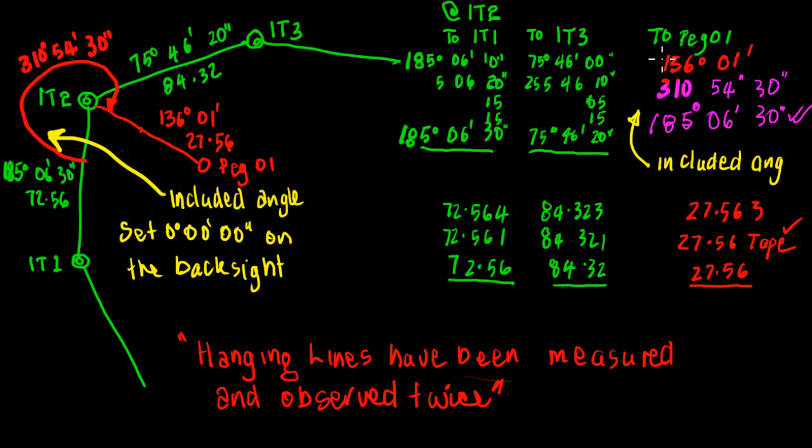What we can do is add 360 onto here, which makes no difference at all. But what I do is I can see that this is 310, and it's obviously 50 degrees to get it round to 360. So if I just add that, and then we go 136 degrees 01, we just add the 50, and we can see that that comes out at 185°06'30".